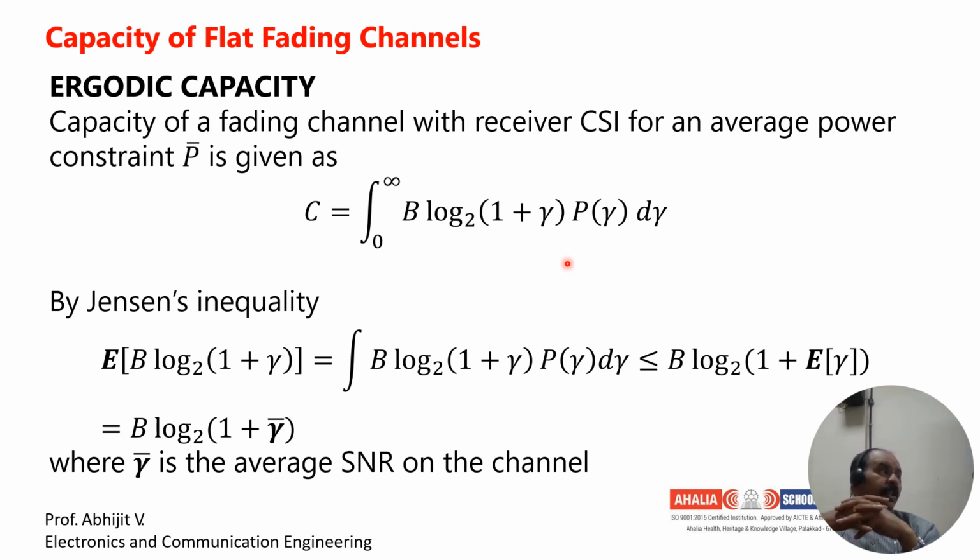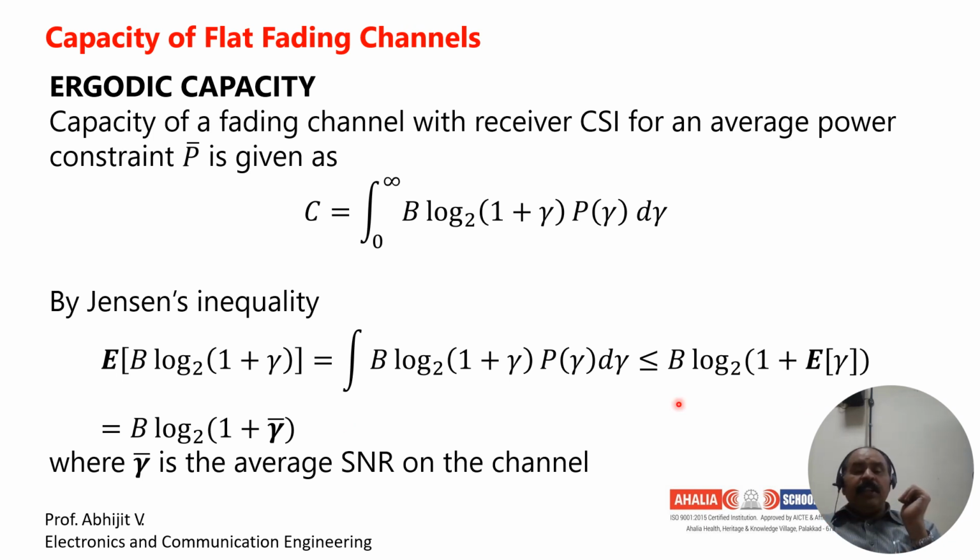By studying a mathematical inequality called Jensen's inequality, we'll calculate the expected value of the channel capacity C, that is bandwidth B into log to the base 2 of 1 plus sigma, which is equal to the integral of B log to the base 2 of 1 plus gamma, P of gamma, d gamma, where gamma is the SNR.